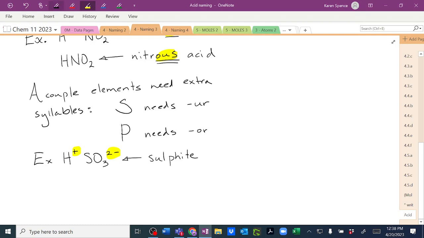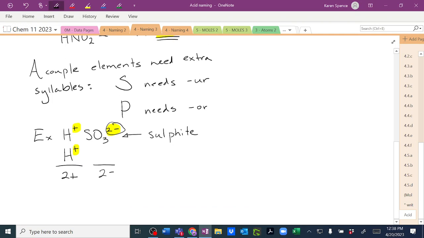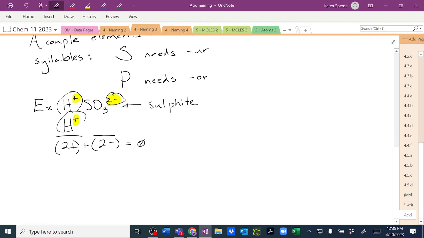No. So I need to have one more hydrogen so that when I add those two H+ together, I get 2+ to cancel out the 2-, because every compound, the net charge should always equal 0. Okay, so we need 2 hydrogens to go with our 1 sulfite. So our formula for the acid would be H2SO3.